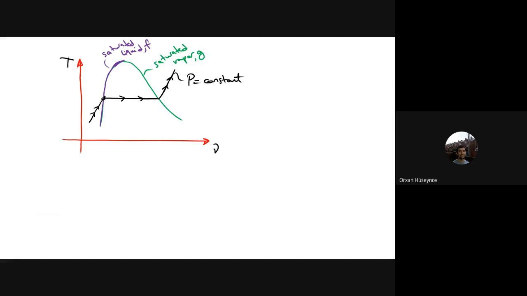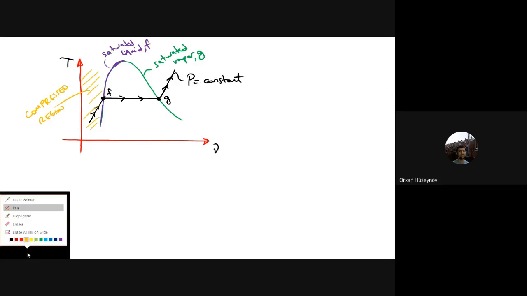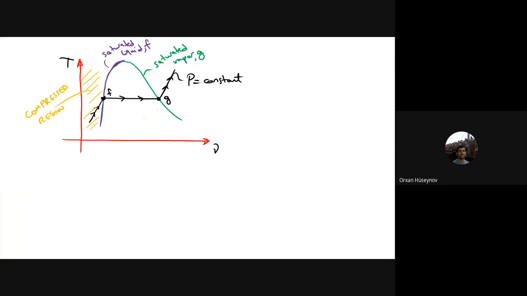Okay, at this point, I've said it is F, and this point is G. The region to the left of it, this region, let me hatch it so you can see what is going on here. This region here is the compressed region. The region in between here, this part, is the saturated region.